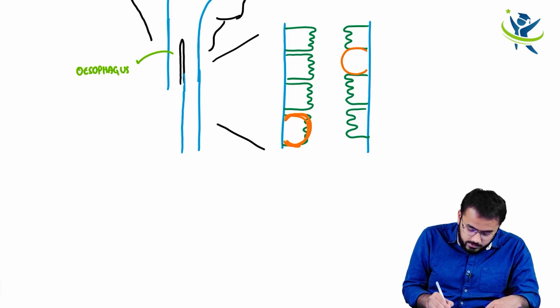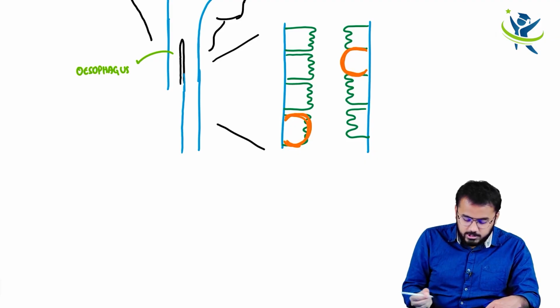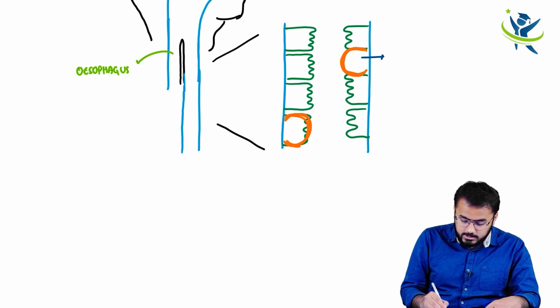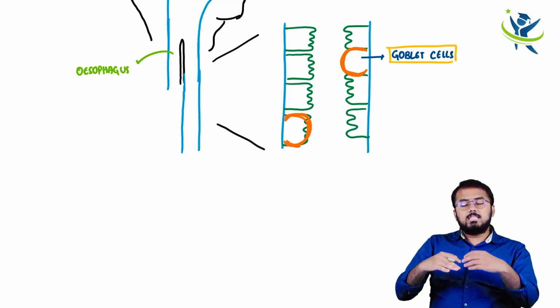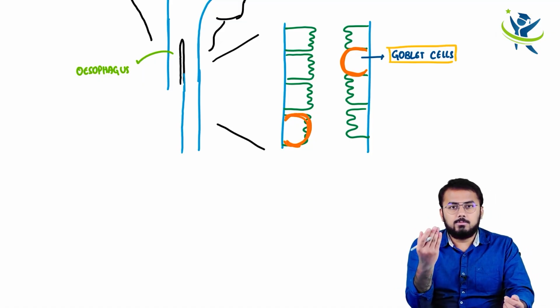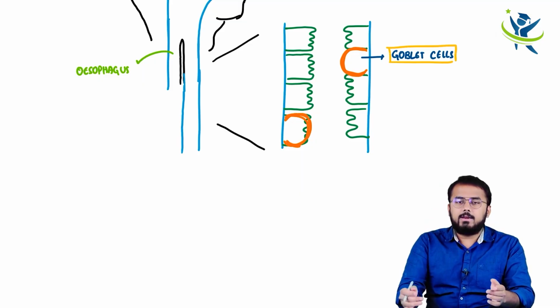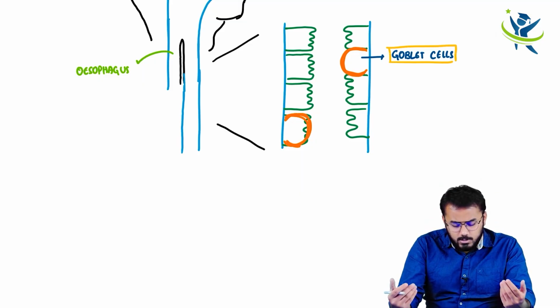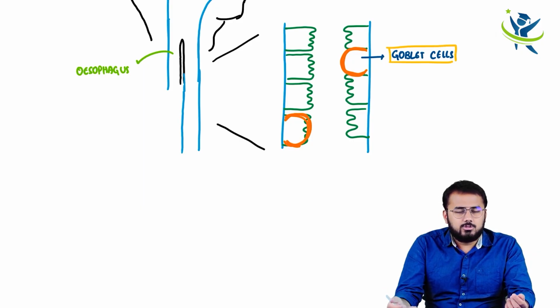These specialized cells are called goblet cells, and all of you know very well that when you activate goblet cells, they start releasing mucus that will line your entire trachea and protect it. Clear? This is something that everyone has to know.